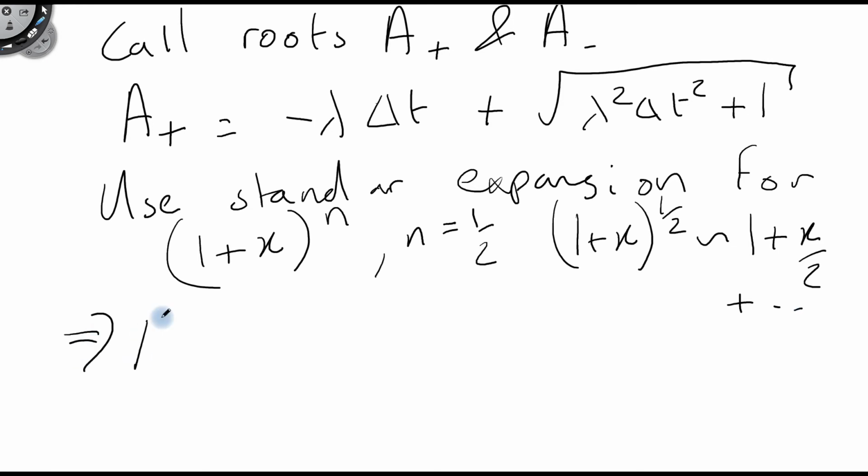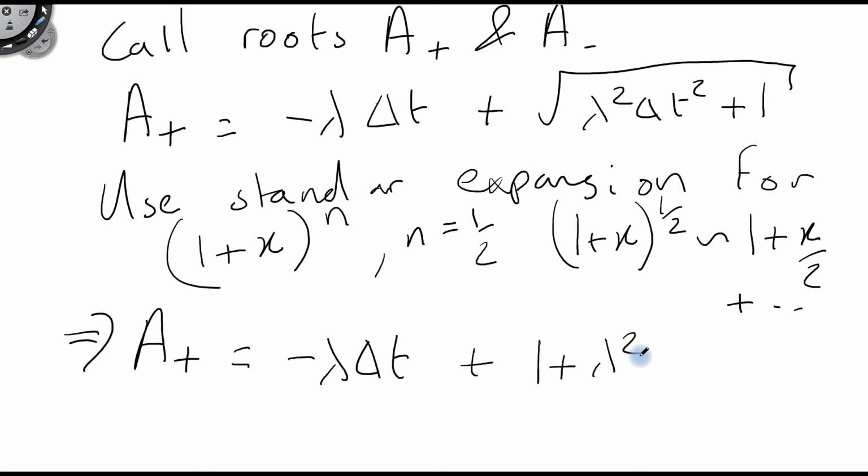So it implies A plus equals minus lambda delta t plus the expansion of this term, 1 plus lambda squared delta t squared. Bear in mind the terms that are missing out of this expansion are order x squared. So x is lambda squared delta t squared.